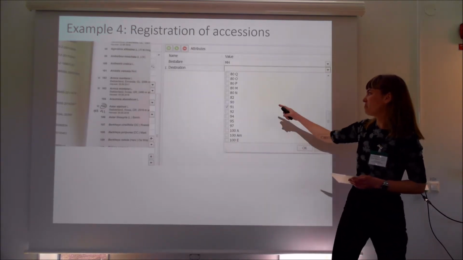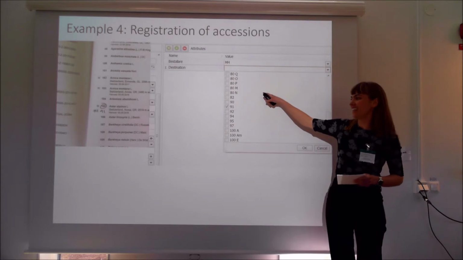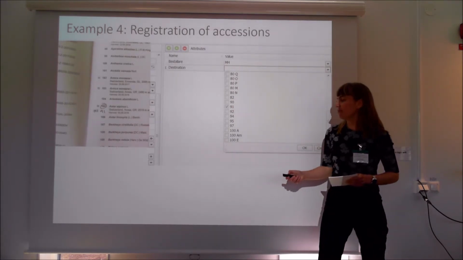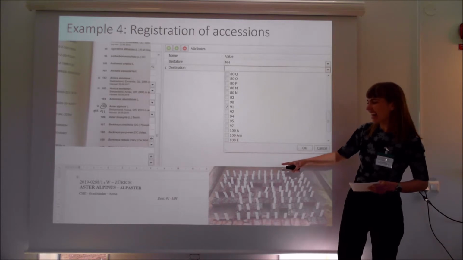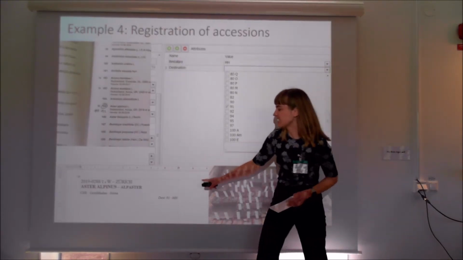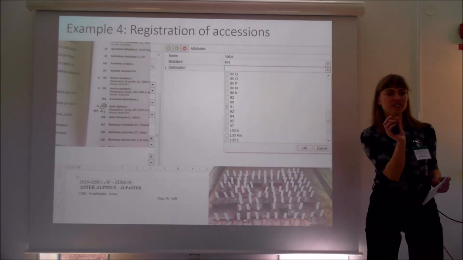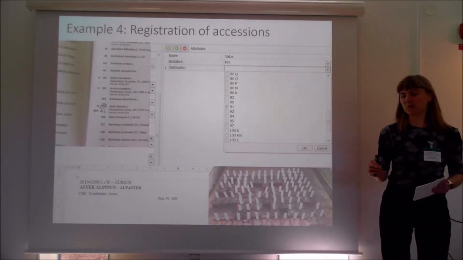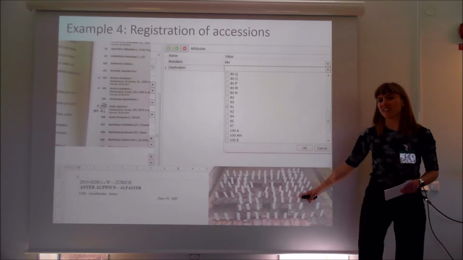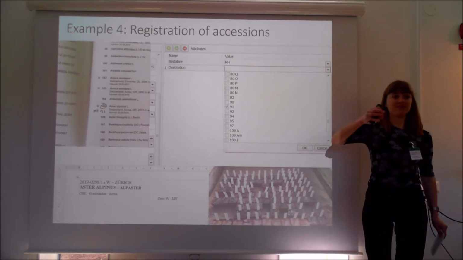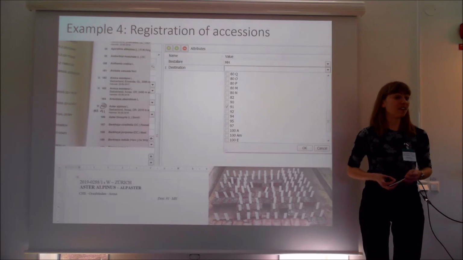And then we have put this in as custom attributes for the accession. And the thing then is that this information is put onto the sowing labels. So when you look at a pot in the greenhouse, you can see, okay, this one is going to that location up in the rock garden.